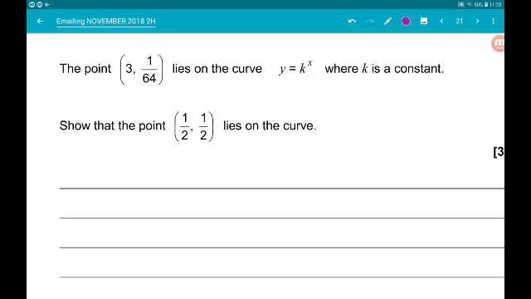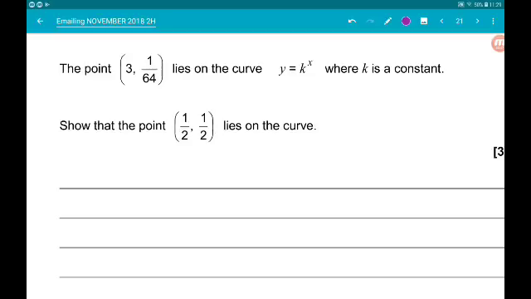So that just means a number. We want to show that 1/2 also lies on the curve. So, what we need to do is find the value of k.